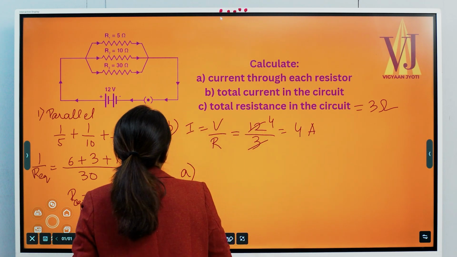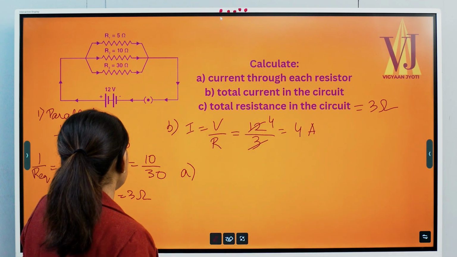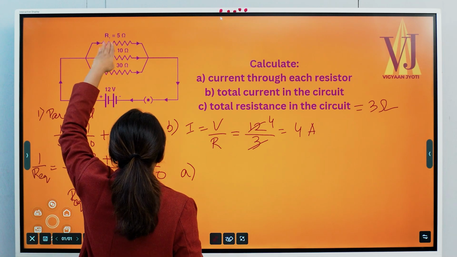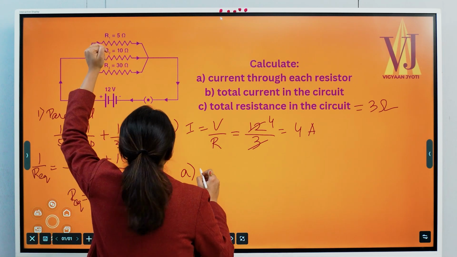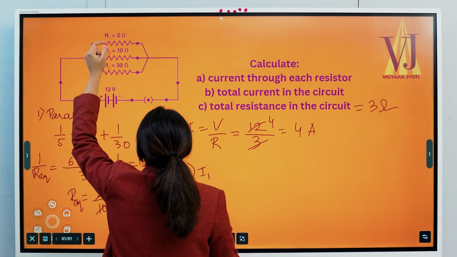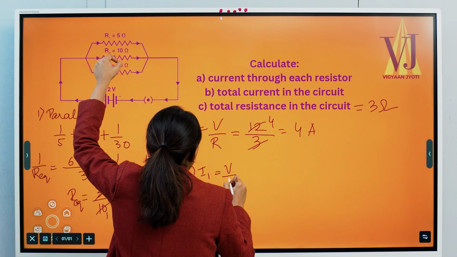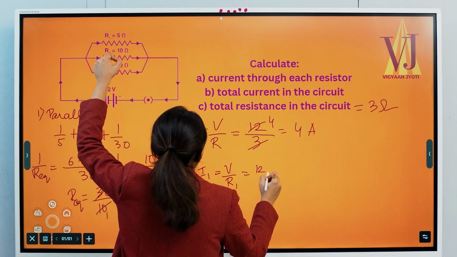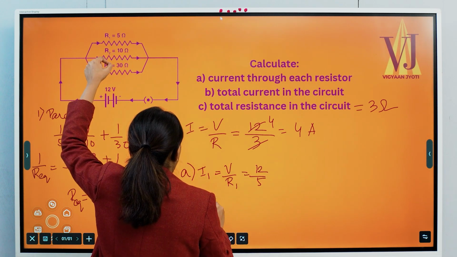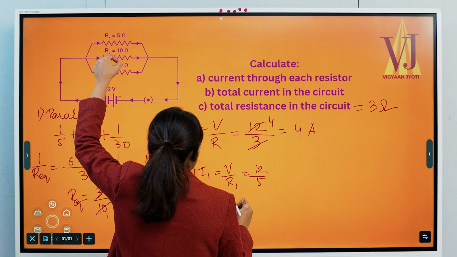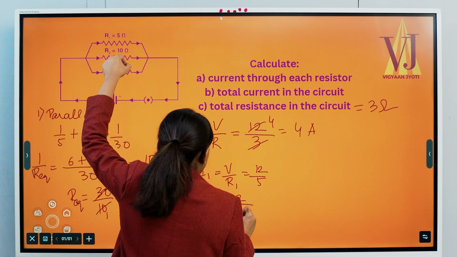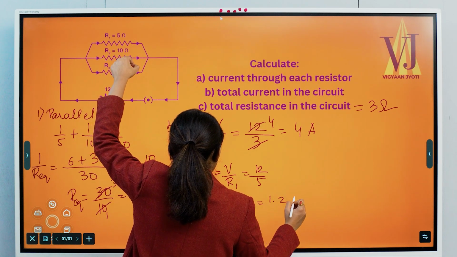Okay, now the first question, the current through each resistor. We know that in parallel, V is the same. So we find I1, which is V by R1. What's my voltage? 12. So 12 by 5 is 2.4 ampere. I2 will be 12 by 10, that's 1.2 ampere.